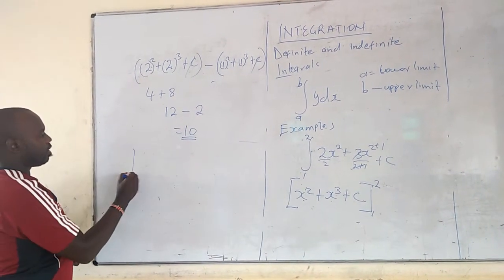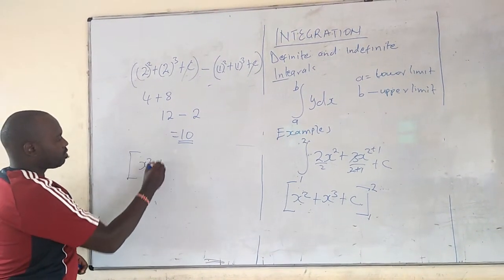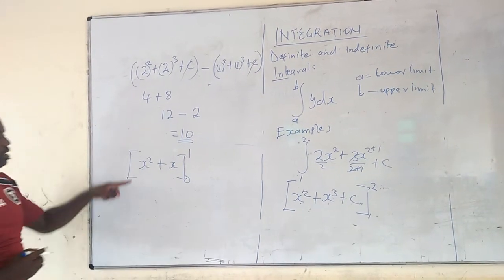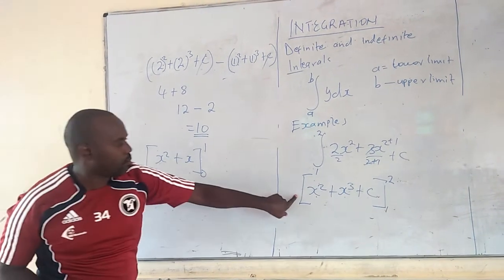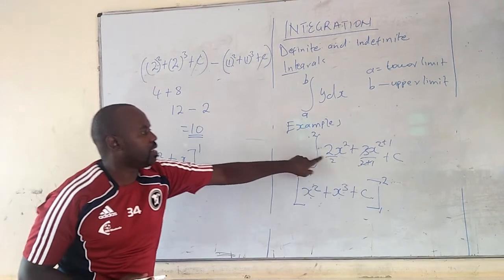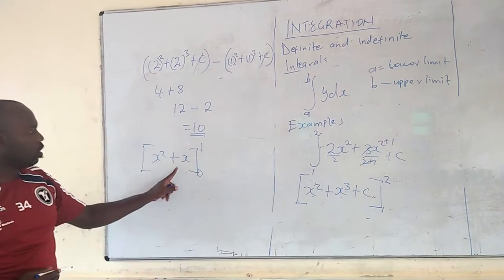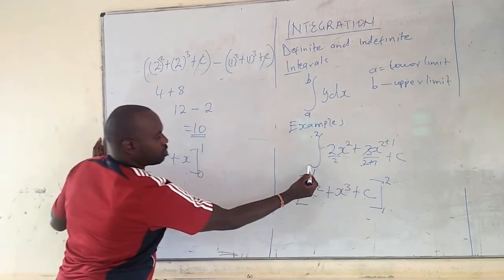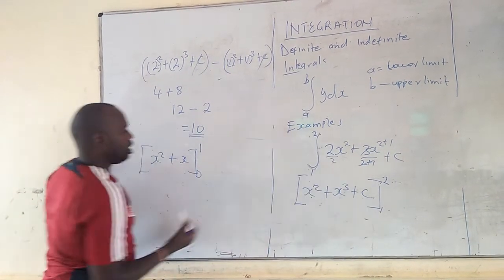Sometimes you'll just be given an expression, maybe x squared plus x in square brackets, from 0 to 1. When you see the square brackets, it means it has already been integrated. So don't integrate when you see the square brackets. Only integrate when you see the sign for integration.